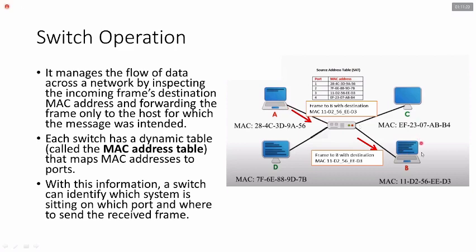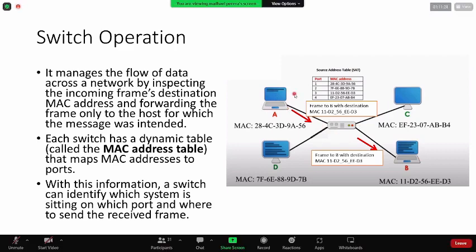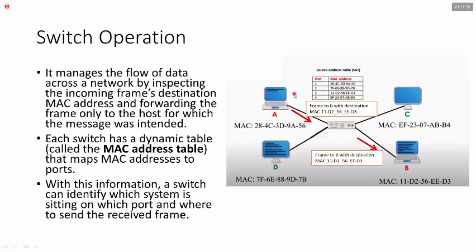What will be the layer 2 address in the message, the layer 2 destination? So when A sends a message to B, what will be the next hop address A will put?